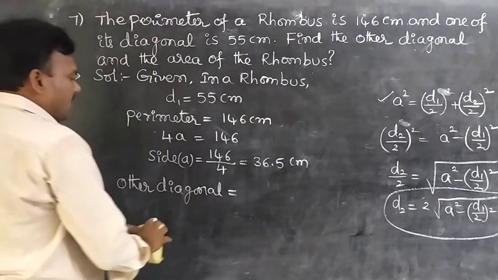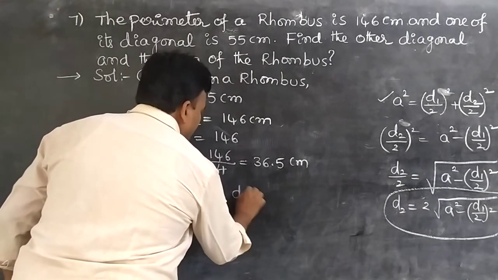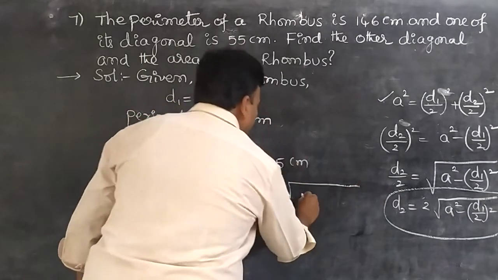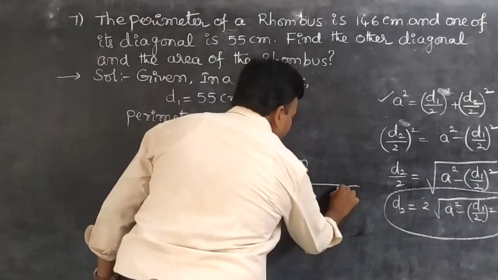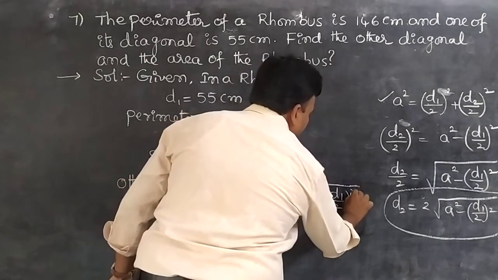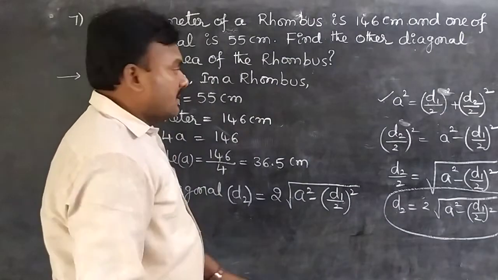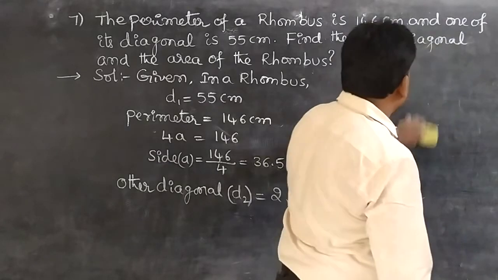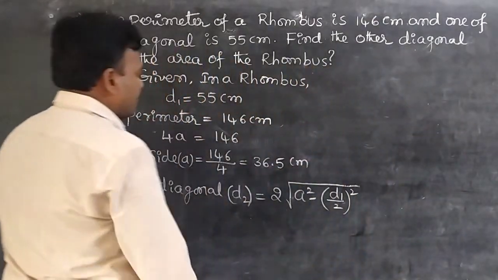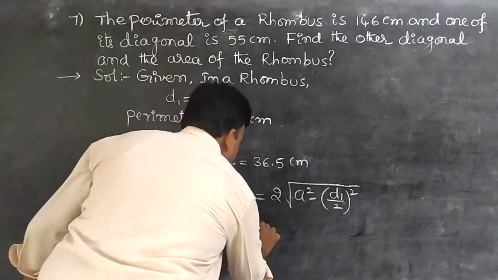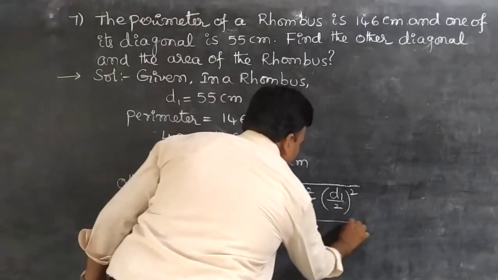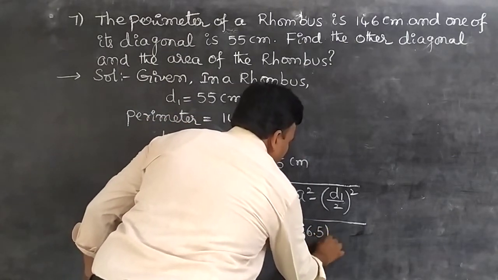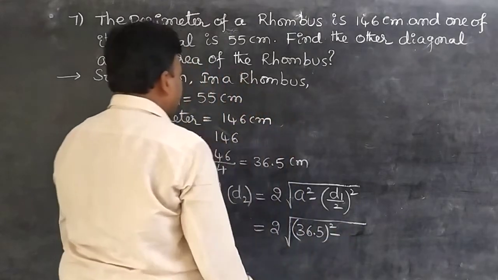So the other diagonal d2 equals the formula 2 into square root of a square minus (d1 by 2) whole square. Then substitute the values, students. Then that implies 2 into square root of a square value. a means 36.5. 36.5 whole square minus, next, d1.